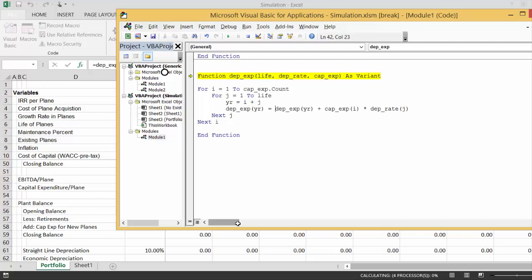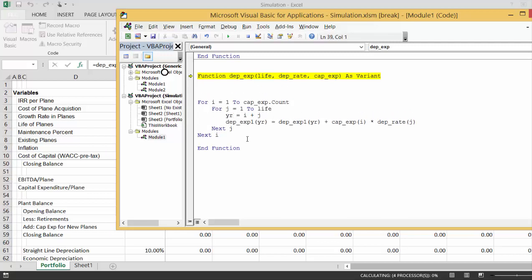And it didn't like it. Okay, so just a minute. I guess we're going to have to put the capex 1.